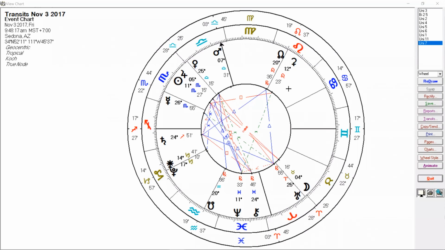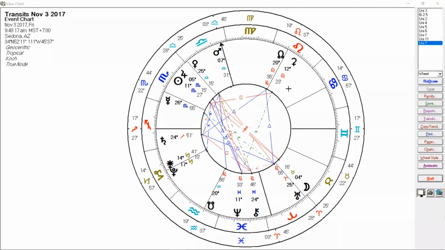So before you start to label it, what it is, a conjunction or a square or an opposition, call it a lifeline, call it a channel, an exchange of energy. So basically, there's a channel established between Jupiter and the Sun, and that opposition to the Moon involves a channel to the Moon.